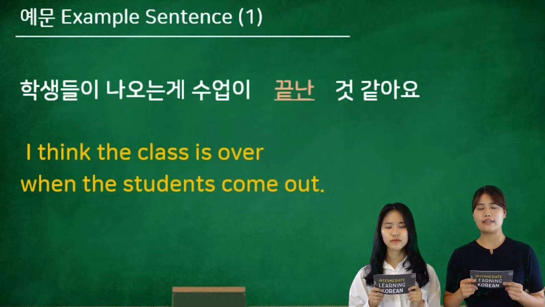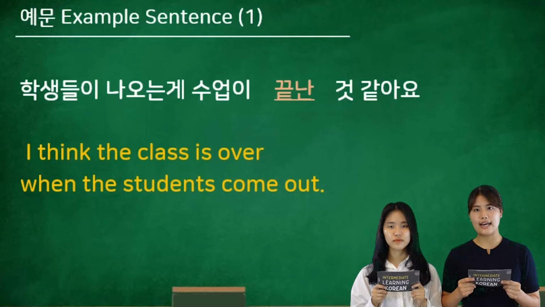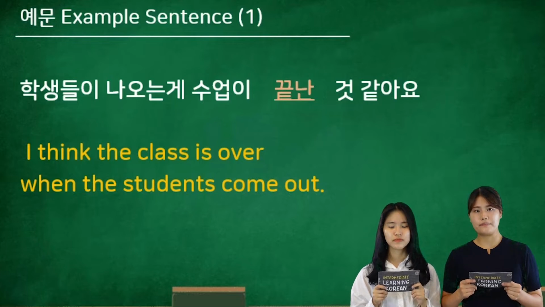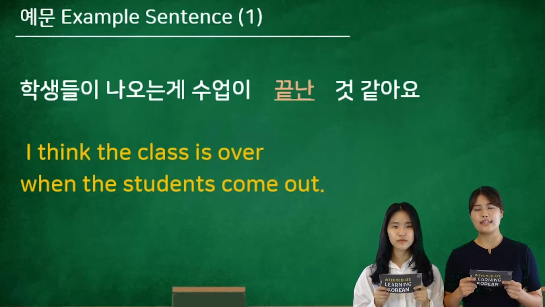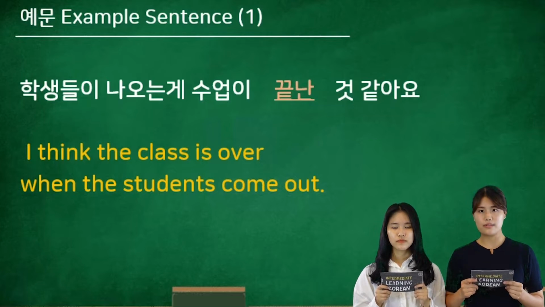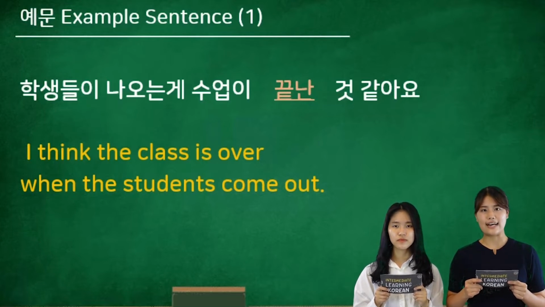Here, if you delete 다 from the verb 끝나다, you can see that there is no final consonant in the stem of the verb. That's why we use ㄴ 것 같다. So it becomes 끝난 것 같다.